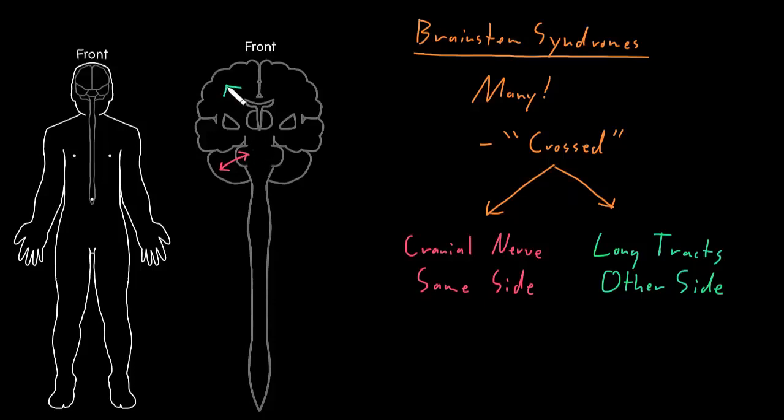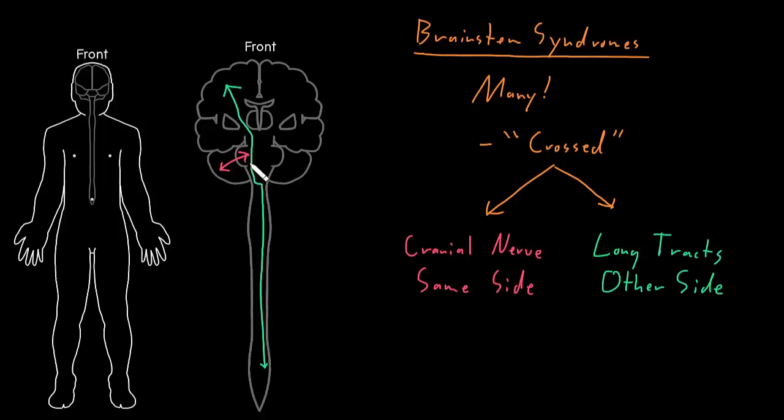We'll just say it's one of these long motor or somatosensory tracts that's coming down this side of the brainstem, and we'll say it's one of the ones that crosses around here, and then the rest of the time it's on the other side of the spinal cord to do whatever its function is onto the other side of the body. So it's either carrying somatosensory information from the left side of the body over to the right side of the cerebrum, or vice versa. It's carrying motor information from the right cerebral hemisphere down to the left side of the spinal cord to influence the left side of the body.